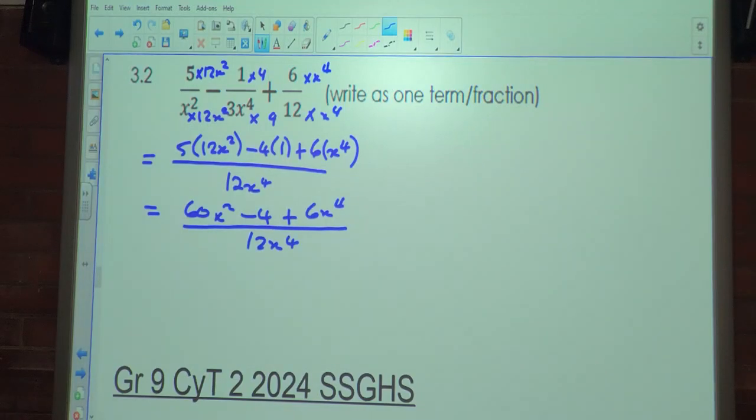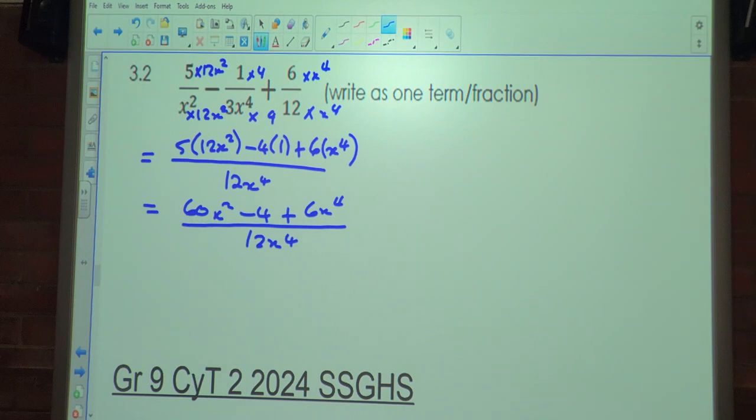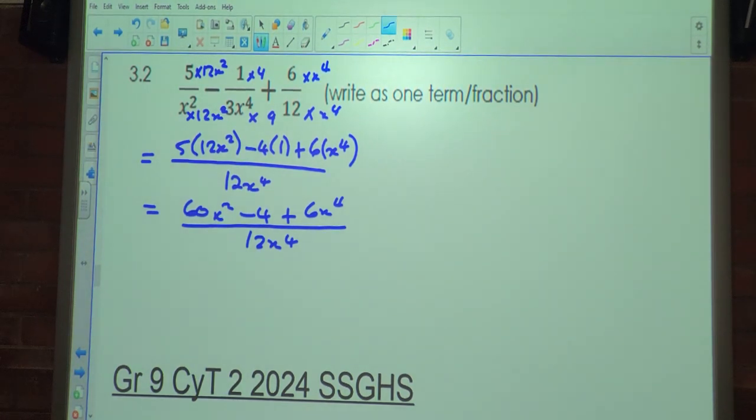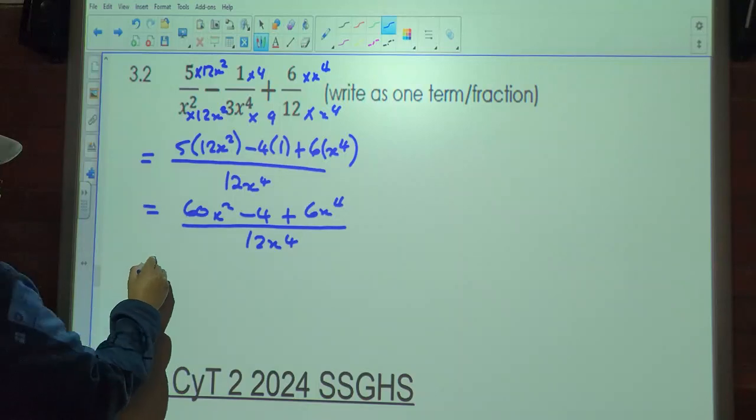So importantly, what do you notice here? Don't you notice that 2 is a common factor? So you're going to take out 2 as a common factor.